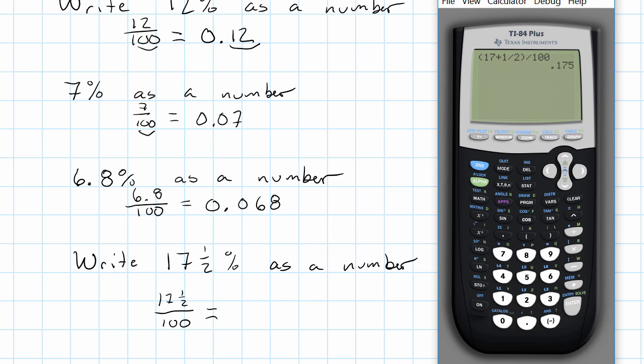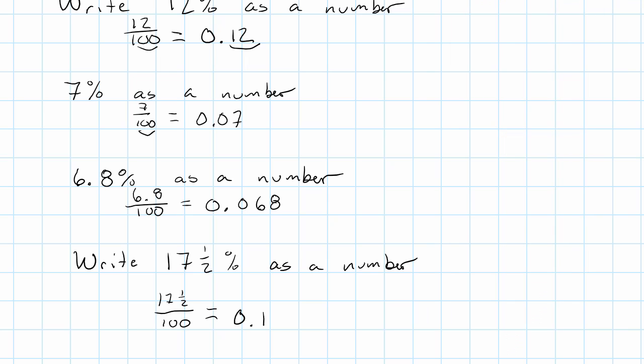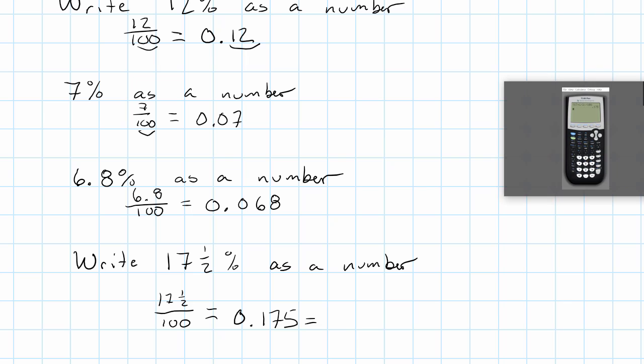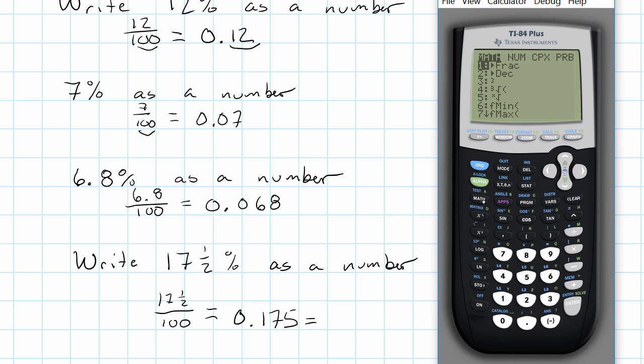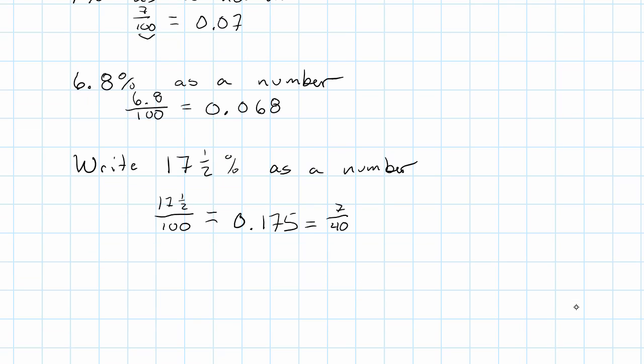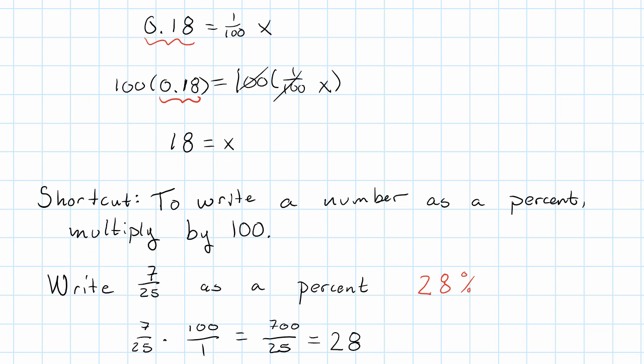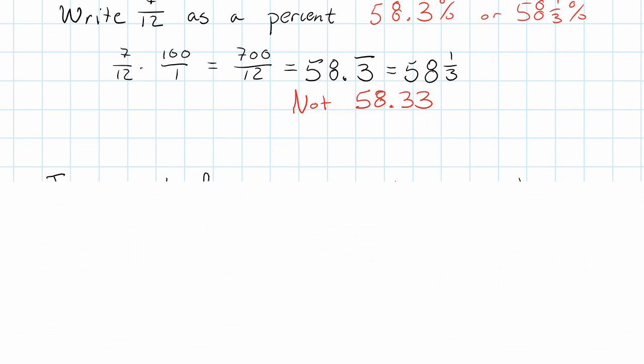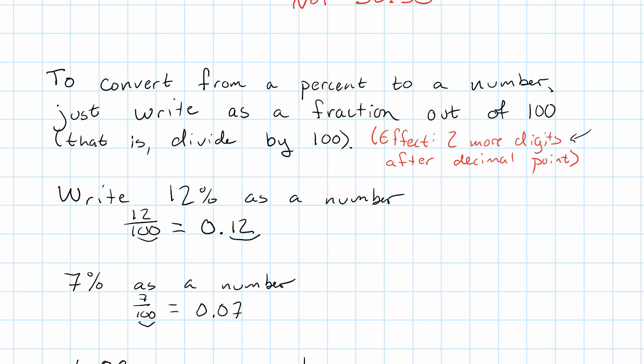So we could say 0.175, or we could give it as a fraction, 7/40. Either one is okay. So that's all there is to this. To write a number as a percent, multiply by 100. To write a percent as a number, divide by 100.